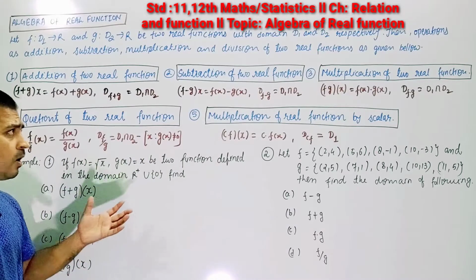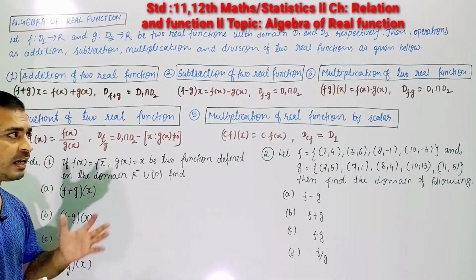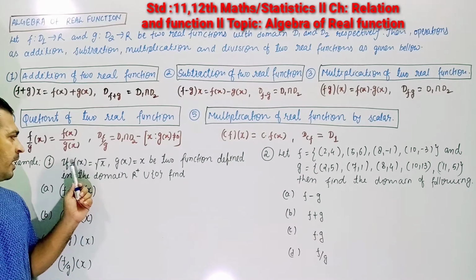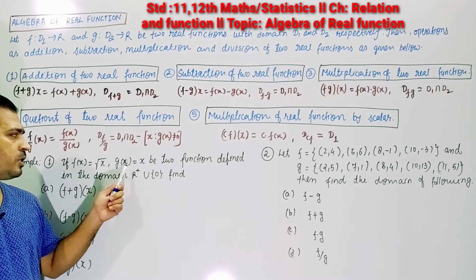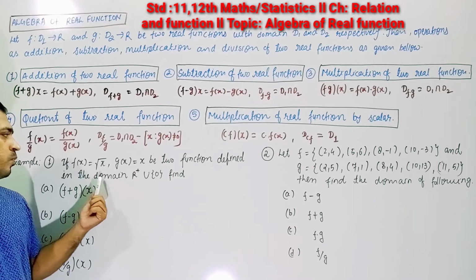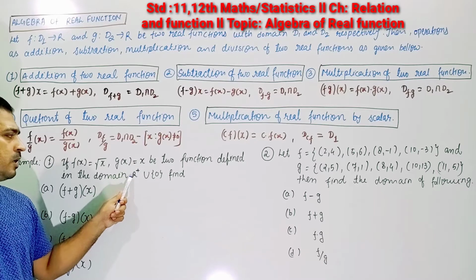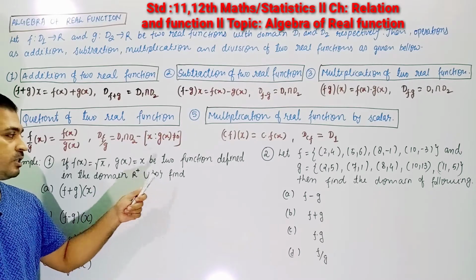Okay, let us see all these things with an example through which we can get clarity about addition, subtraction, multiplication and division of two functions. Okay students, here you can see that we have taken the function f of x equals root x, and function g of x equals x, as two functions in the domain R plus, meaning positive real numbers union the element 0.